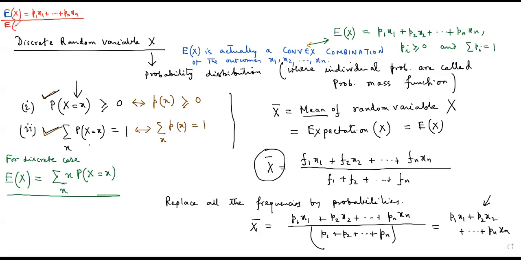In that case, we could say that EX is a linear combination of the outcomes x1 dot dot dot xn. So this is the difference between the linear combination and the convex combination. Keep this in mind because it will be required in my subsequent lectures at some point of time.